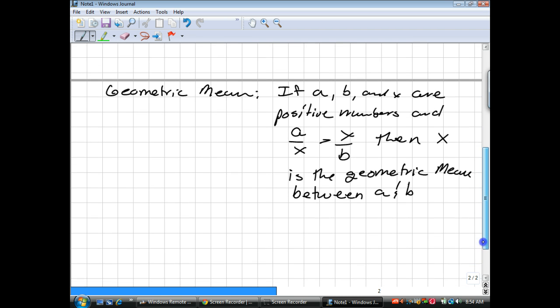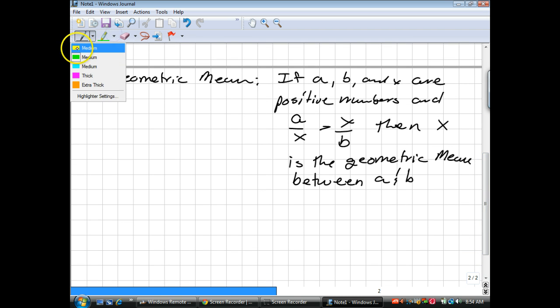Now notice it's called the geometric mean because notice in the position where the means would be, it is the same number. Okay, that's the key. These two numbers have to be the same.